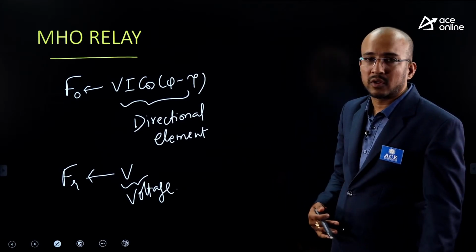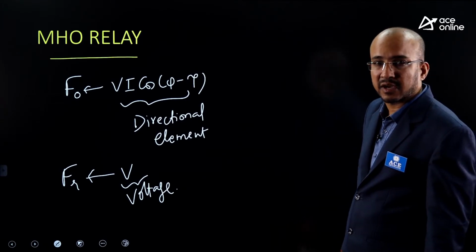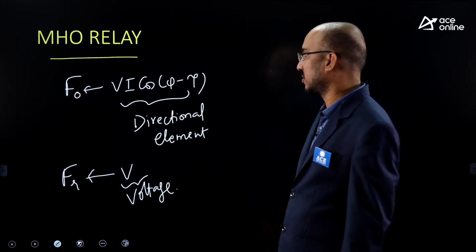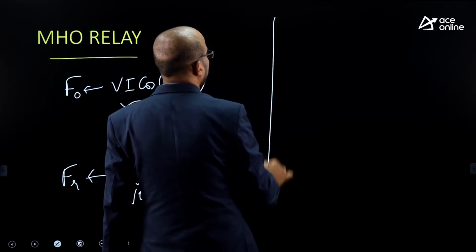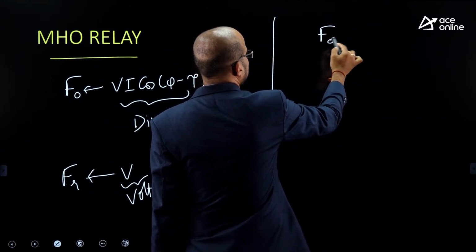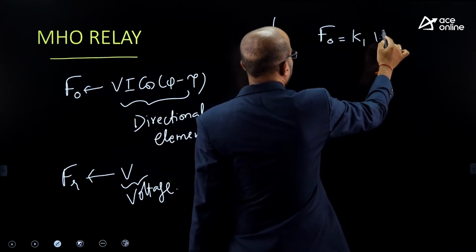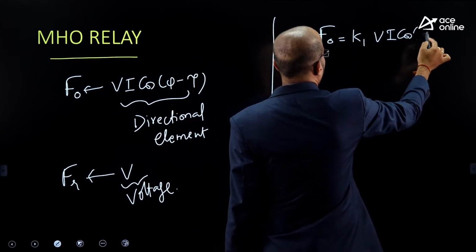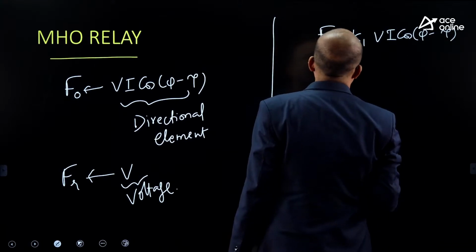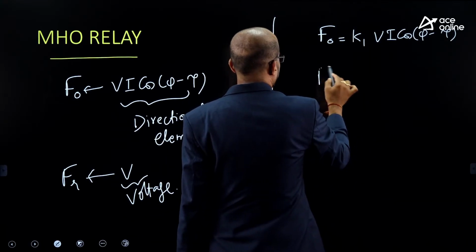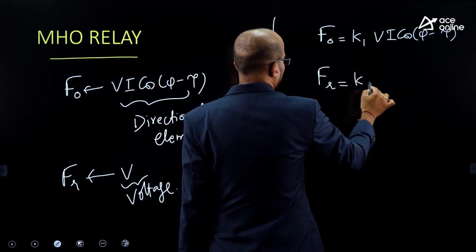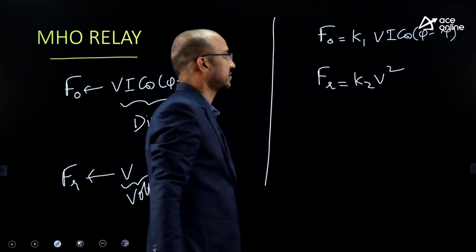So, how the Mho relay characteristic appears and what is the application? Let us look at now. Here the operating force you can write as F naught is equal to K1 V I cos of phi minus tau, and restraining force is due to voltage, Fr is equal to K2 V square.